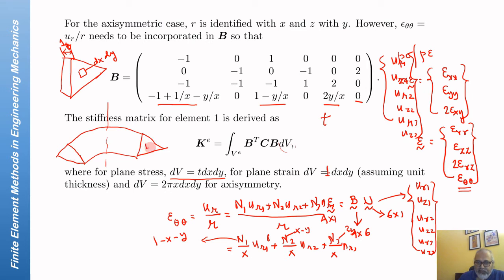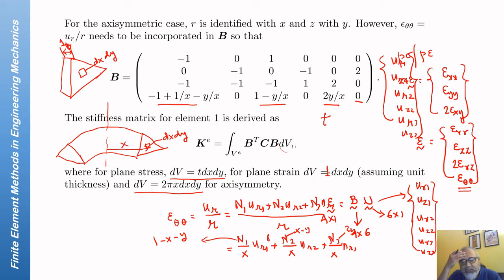So if you take a small element which has dx dy in the plane, dr dz in case of axisymmetry, and its radius is x, then the volume dV is 2 pi x dx times dy. So this is what you will use for axisymmetry. So this solution is exactly the same for plane stress, plane strain, and axisymmetry, except for the definition of this elemental volume, which is different in the three cases.